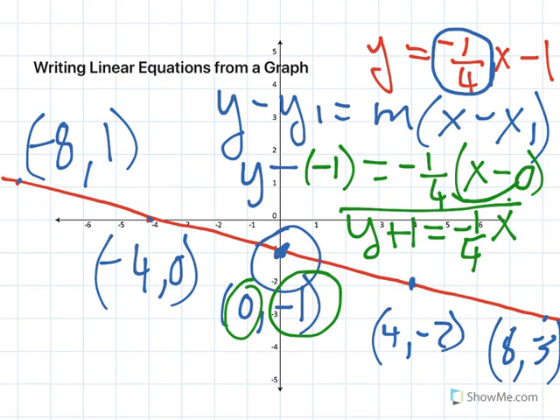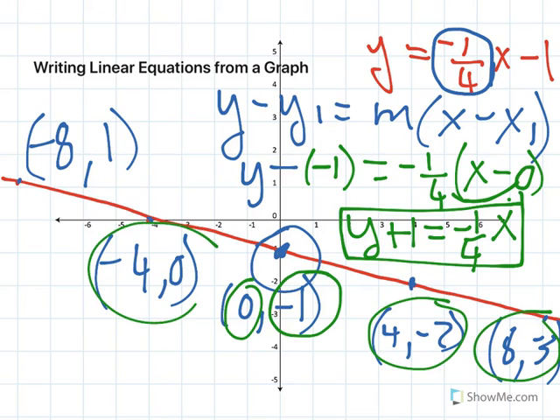So basically, there's one way you could have done it. You could have put any of these other points in there, and it would be correct. So if it's multiple choice, you may have to look and see what points they're giving you in the choices, and see if it fits one of your choices.